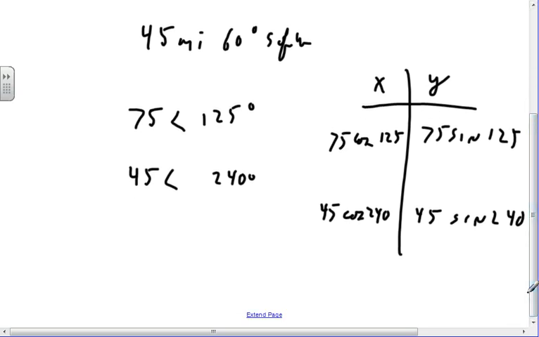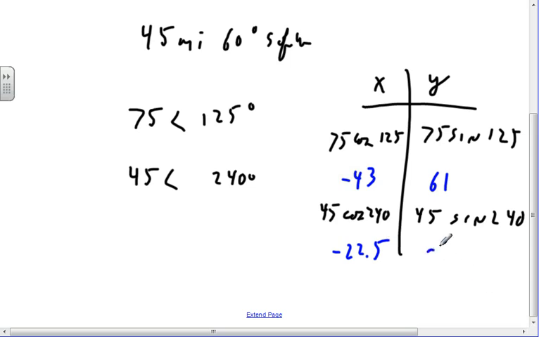And then I put in my calculator 75 cosine 125, minus 43. 75 sine 125, 61. 45 cosine 240, minus 22.5. 45 sine 240, minus 39.